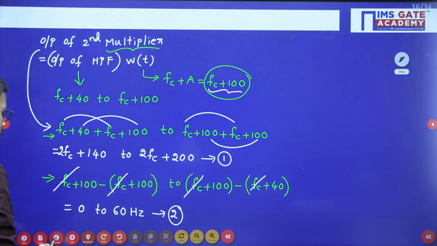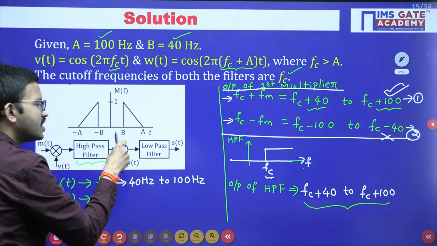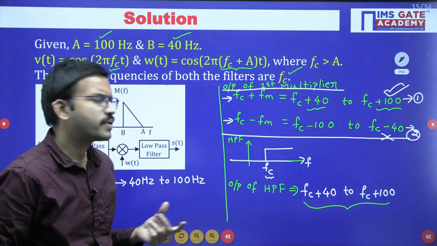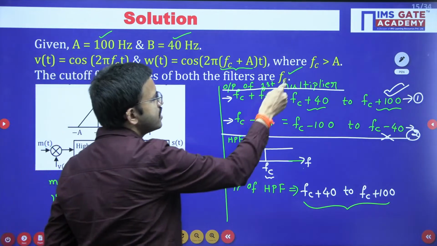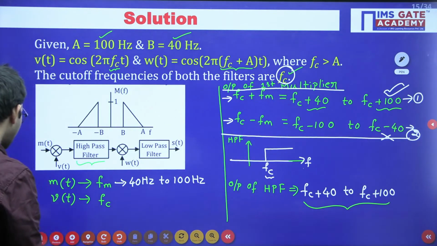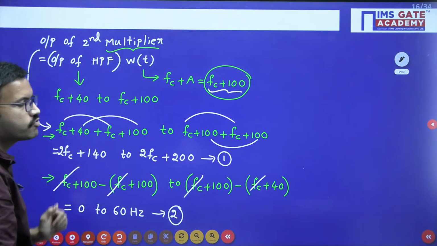Now what is the question? Just observe. Up to now you got the output of the second multiplier. Now we pass the second multiplier output through a low pass filter with the same cutoff frequency Fc. You have two ranges of frequencies, so which one will it pass?